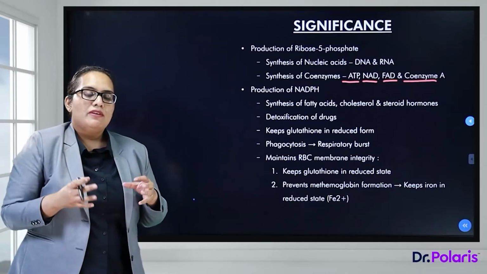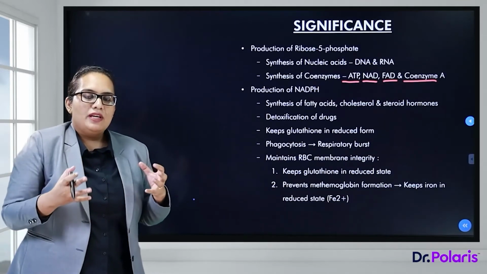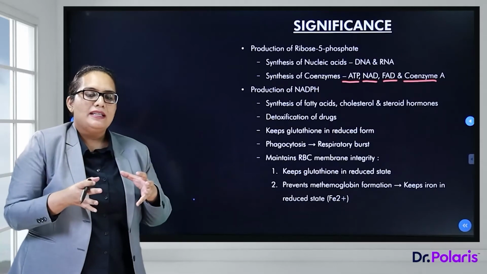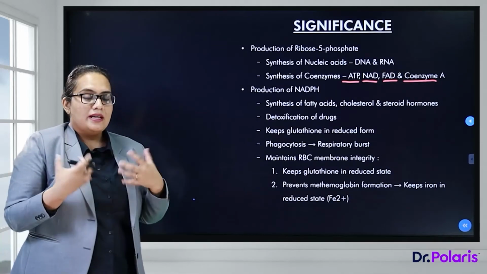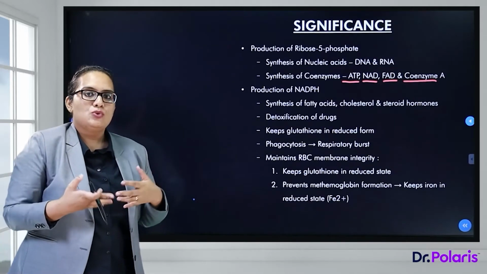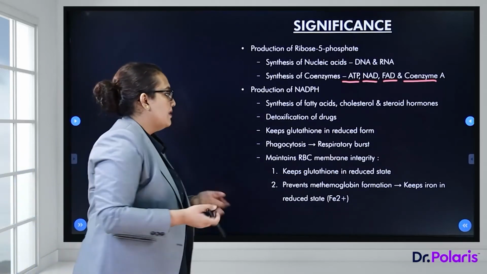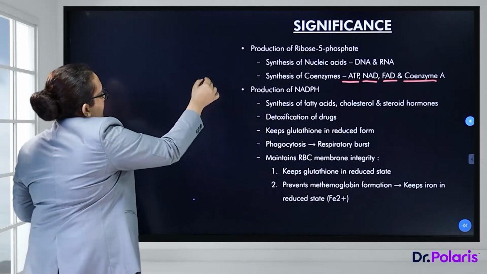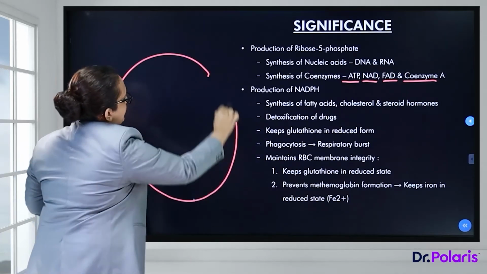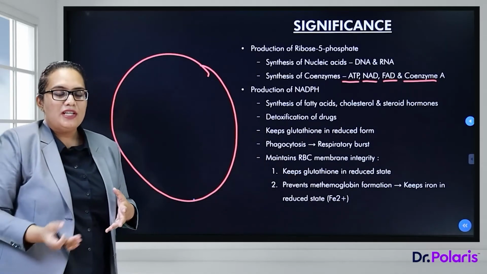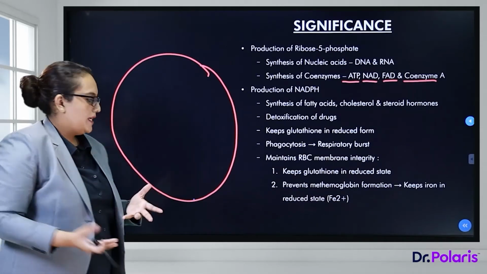Phagocytosis is a process by which neutrophils or macrophages consume bacteria and try to kill them, especially when a person is exposed to some kind of bacterial infection or viral infection. So just imagine this is a neutrophil or a macrophage which helps in phagocytosis.